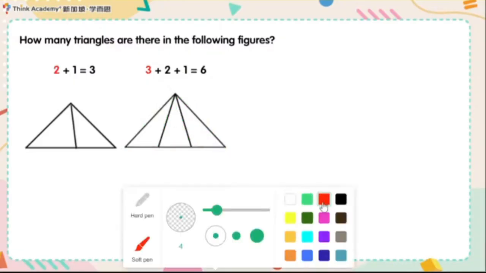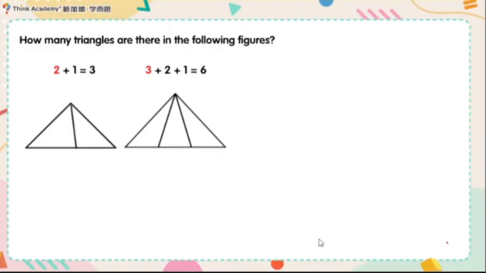Now, actually, other than listing out the triangles one by one, we can think about it like this. When we see these sorts of triangles with all the lines pointing towards a certain peak, you can think of this triangle as a mountain, and there's a certain peak on top of the mountain. All the lines with one ending point, they all shoot up to the same peak on top.